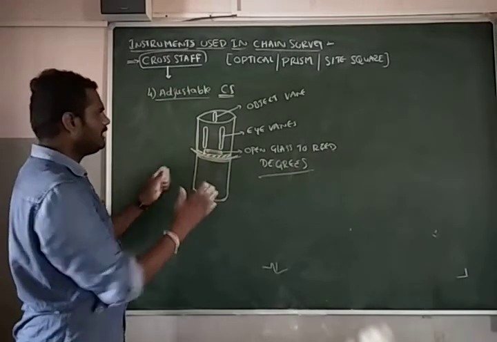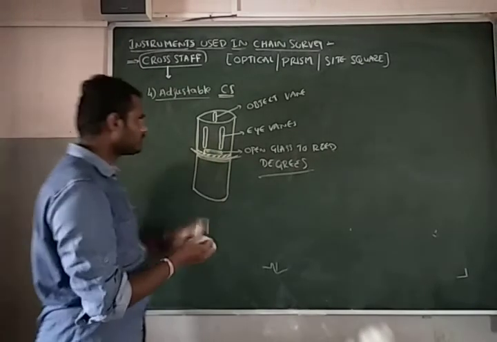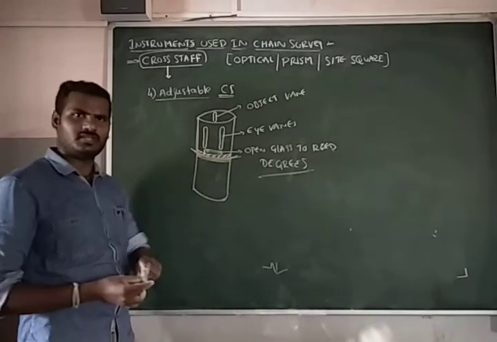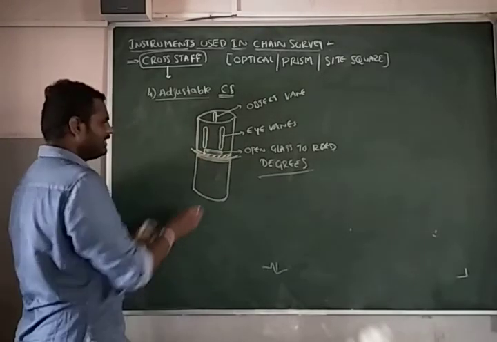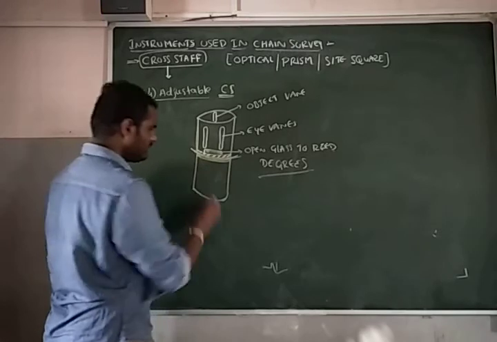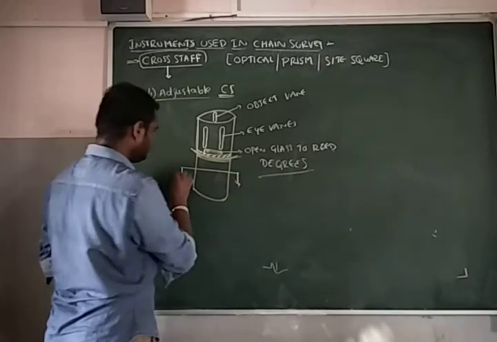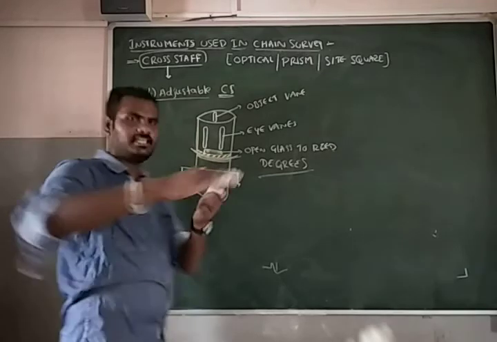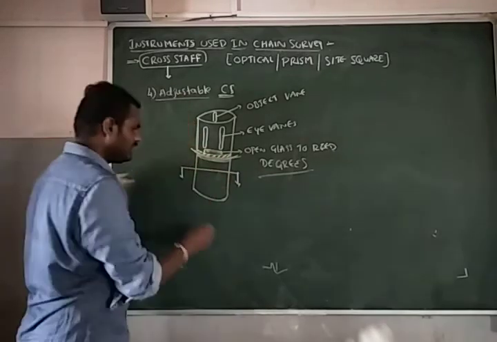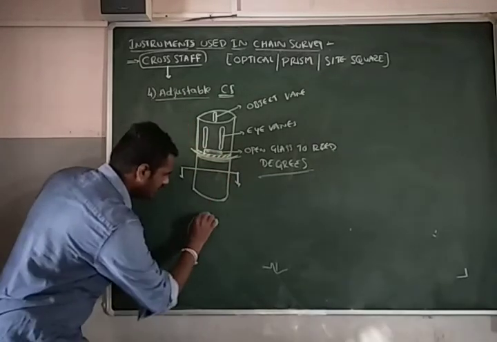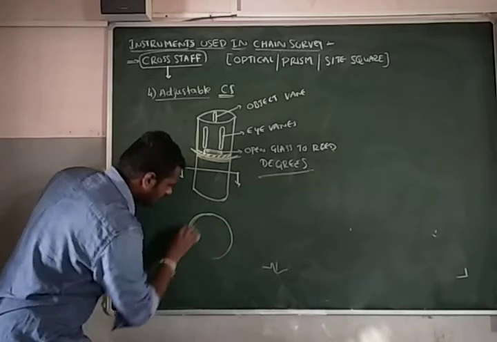Now let me draw the plan of this particular one. How to fix and how to measure is the question. Generally the bottom cylinder contains, when I cut a section somewhere here and see from the top, a graduated ring inside it.